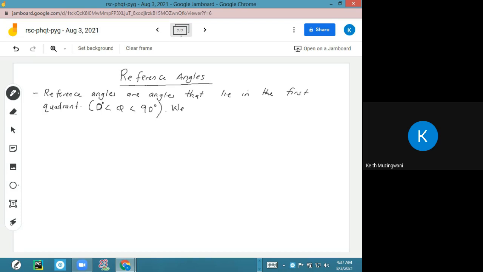We obtain reference angles with respect to the quadrants. Let's see this.